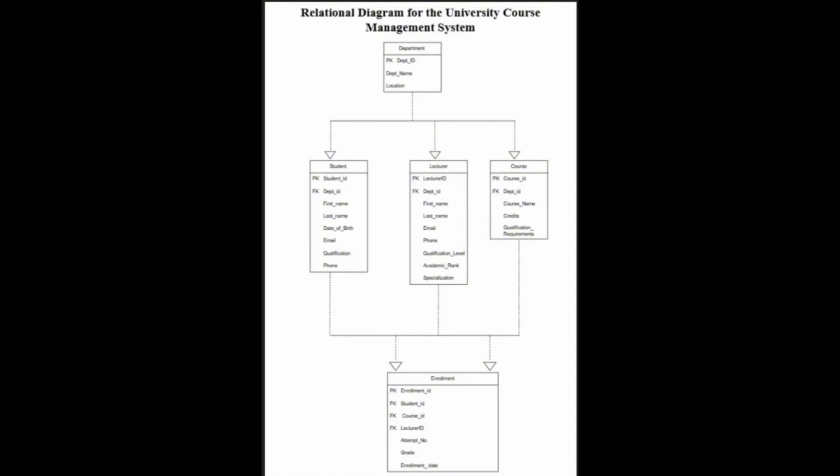The relationships are depicted by arrows that denote one-to-many and many-to-many connections, extending into the second segment to clarify composite keys and progression rules. This specified framework effectively supports functionalities such as registration, grading, and reporting.